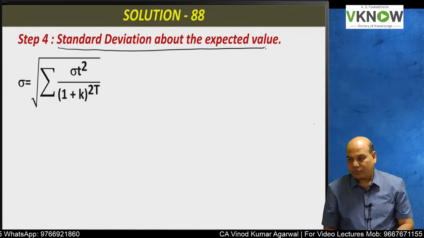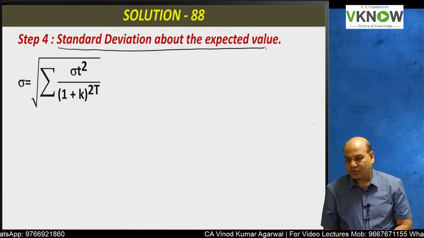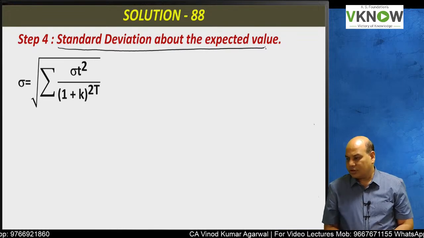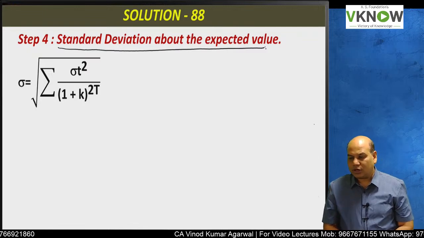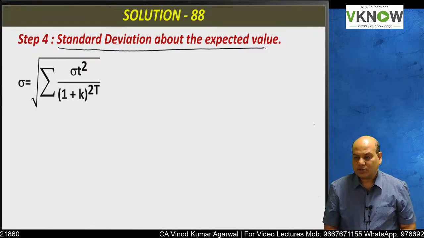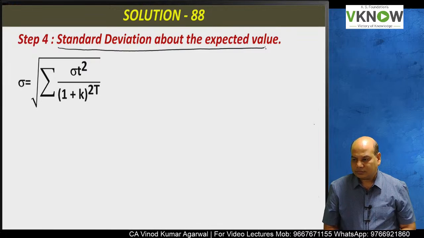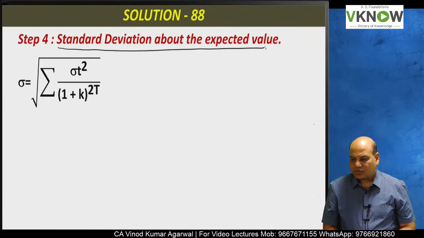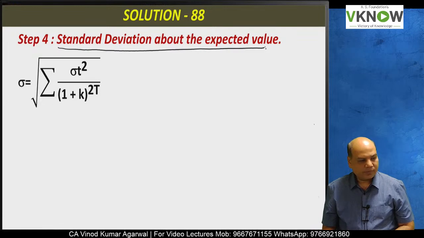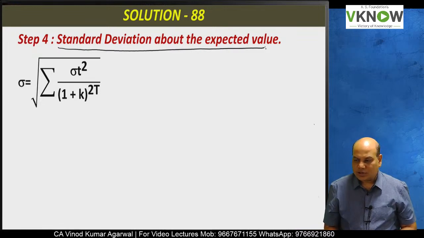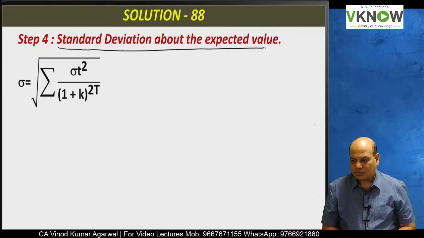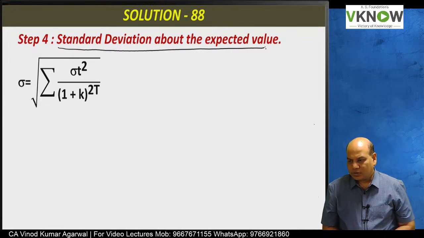Under that, write down sigma equal to under root summation sigma t square upon 1 plus k to the power 2t.